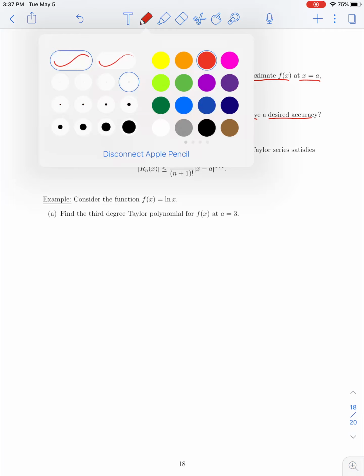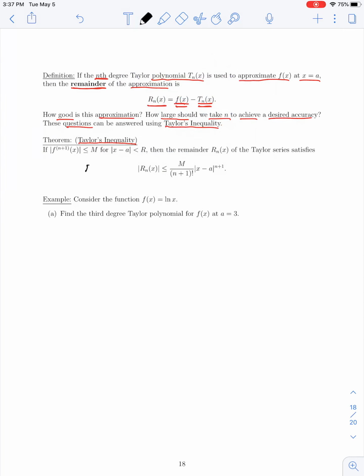It says that the error in our approximation, which would be the absolute value of this remainder, is bounded above by capital M over (n + 1) factorial times |x − a|^(n+1), where capital M is the largest value of the absolute value of the (n + 1)th derivative of our function for values of x that are within r units of a.